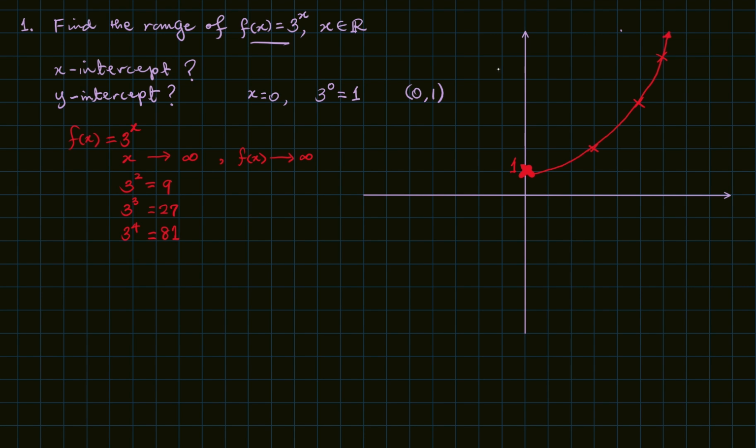However, for this other end, we need to consider what happens as x decreases and goes towards 0. We already know that this curve is never going to touch the x-axis, but what happens if it really gets close to the x-axis?